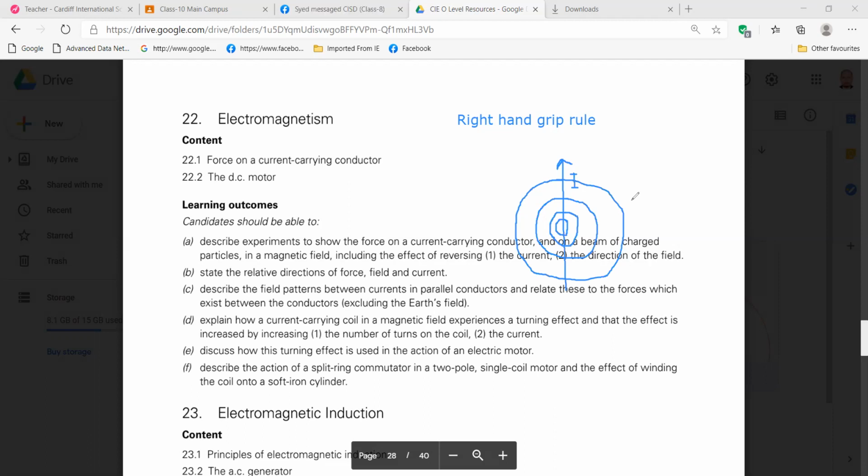You will find a relationship between your other fingers and this magnetic field. These are magnetic field lines. Could you please label all these as magnetic field lines? The circular path you are seeing, these are magnetic field lines.